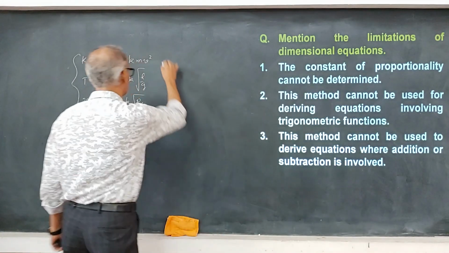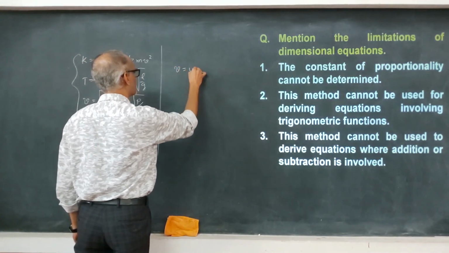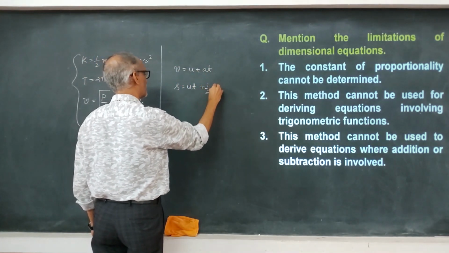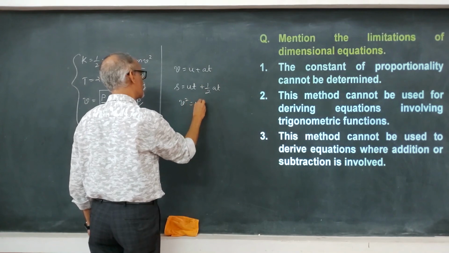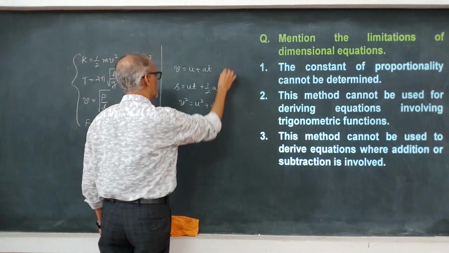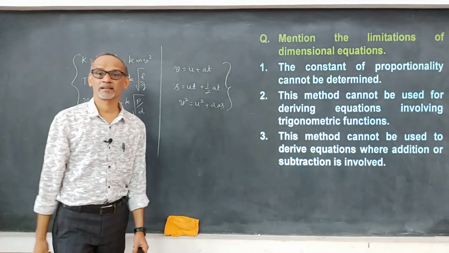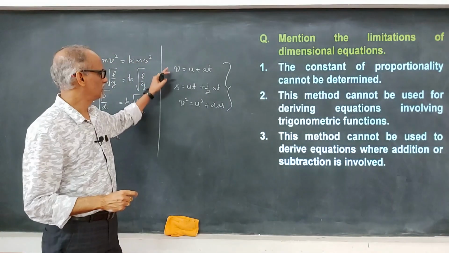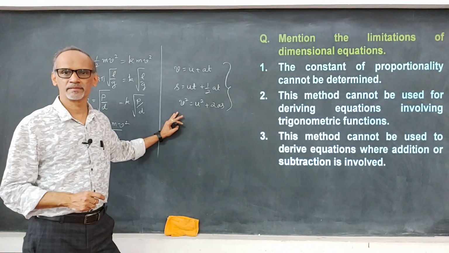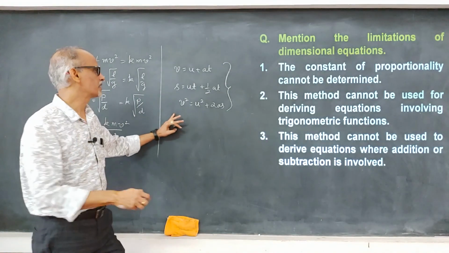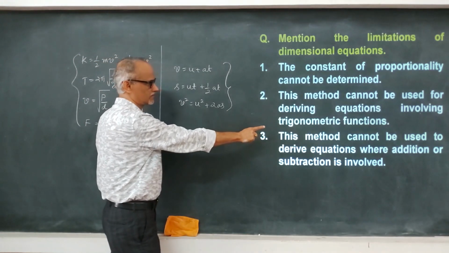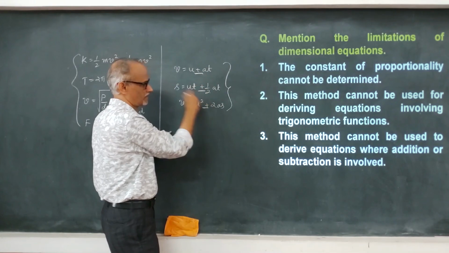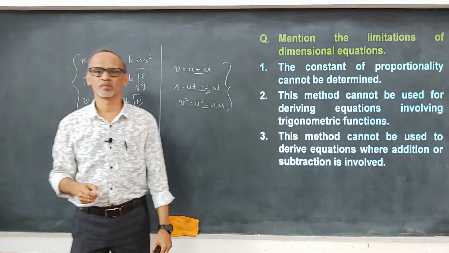But the equations like V is equal to U plus AT, S is equal to UT plus half AT square, V square is equal to U square plus 2AS, we have used these only to check the correctness of the equation. Remember, we haven't used them in a derivation because we cannot derive equations where addition or subtraction is involved.